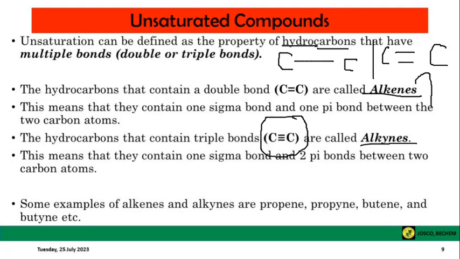So, these are the two organic compounds that will be of interest to us. Here are some examples of alkenes and alkynes. Are you able to identify them?